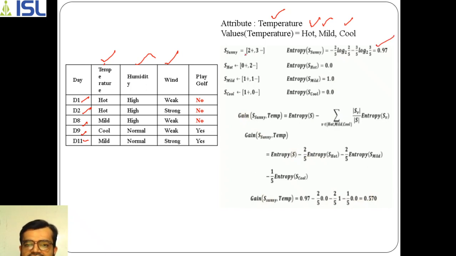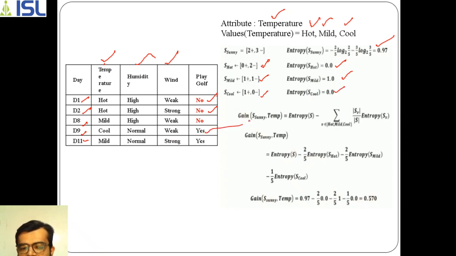Now for sunny, the values which are there are hot, mild and cool, so similarly we need to perform for hot, mild and cool. In hot you can observe there are no positives, only negatives. So the entropy will be 0. For mild, all are equal, so it is 1.0. For cool, there is no negative because only yes is there, so it is 0.0.